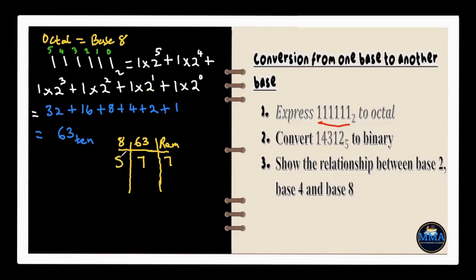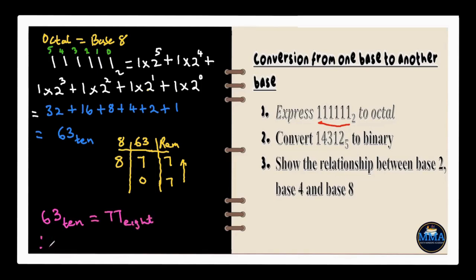We divide again by 8. But because 7 is smaller than 8, that division will not go completely. So what do we do? We drop 0 here and bring the 7 down here. And then we move from down up. So that will now give us 63 base 10, which gives us 77 base 8.